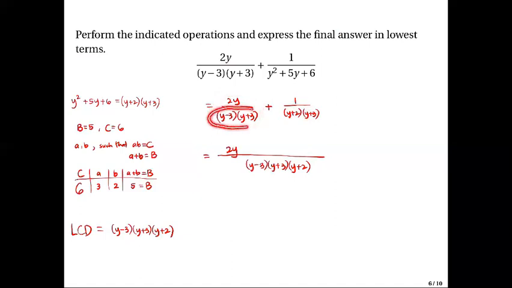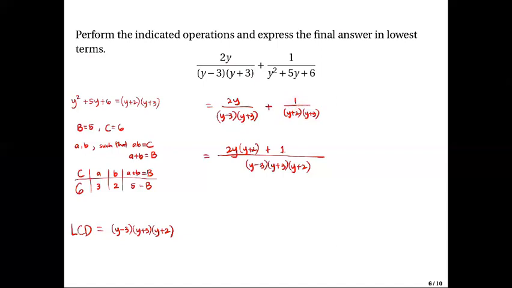Its denominator, you have y minus 3, y plus 3. So you got these two guys here. You are missing y plus 2 here, so you multiply this by y plus 2. And then you have plus for this. So you got plus here, and then you have 1 here.